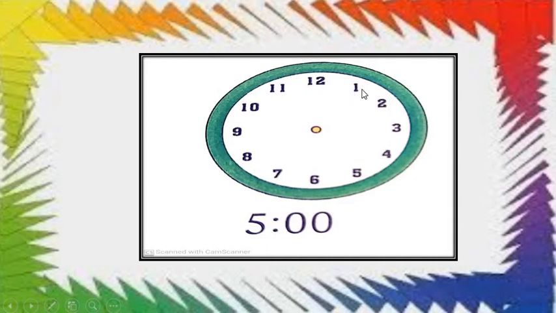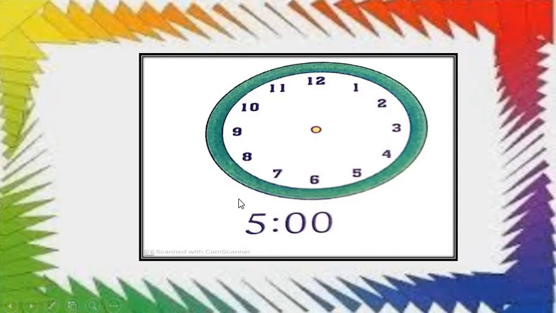Write numbers 1, 2, 3, 4, 5, 6, 7, 8, 9, 10, 11 and 12 on the face of the clock. Make sure that you leave some place between two numbers. As you can see, we have the time 5 o'clock.